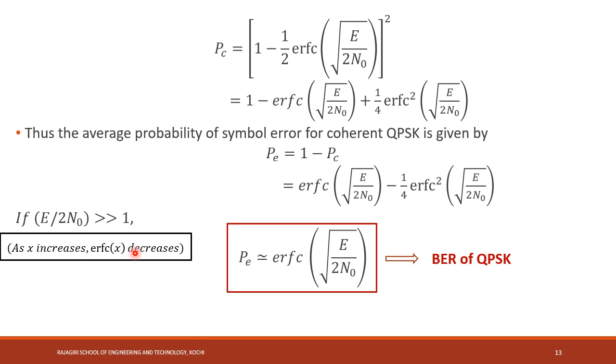So, if E by 2 N naught is much greater than 1, this term over here becomes a very small value which can be ignored, and finally we will get the probability of symbol error or bit error rate for a QPSK system equal to erfc of root E by 2 N naught, where E stands for the transmitted signal energy per symbol and N naught by 2 is the power spectral density of white noise.